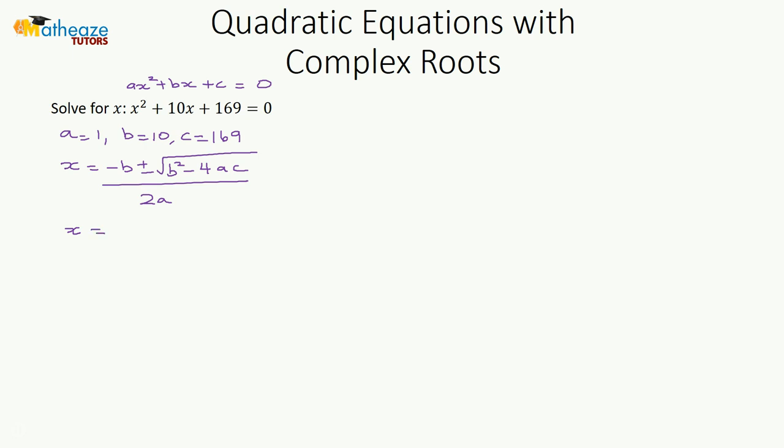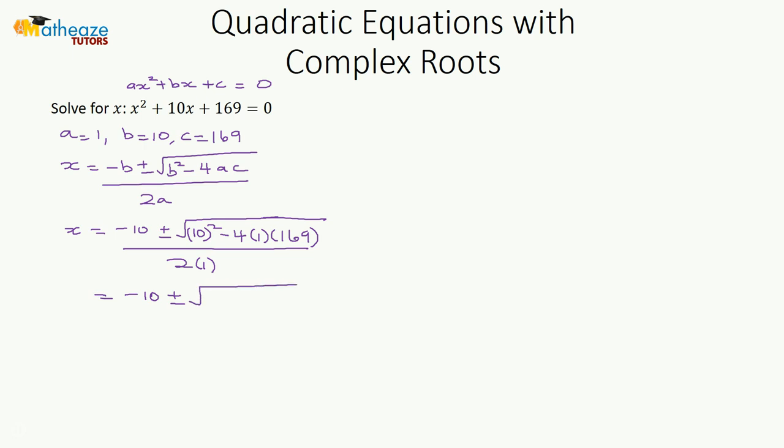So x is equal to negative 10 plus or minus square root of 10 squared minus 4 times 1 times 169 divided by 2 times 1, which is equal to negative 10 plus or minus square root of 100 minus 4 times 169.